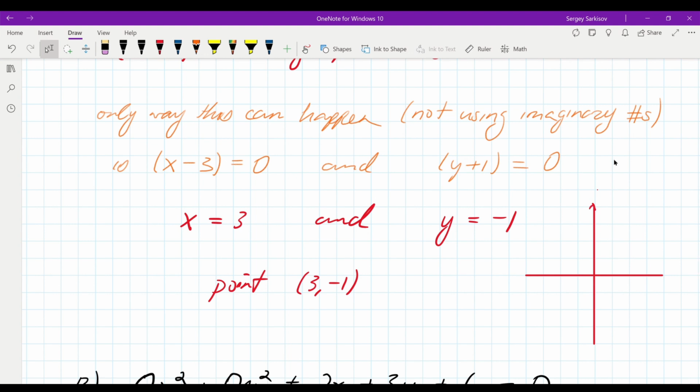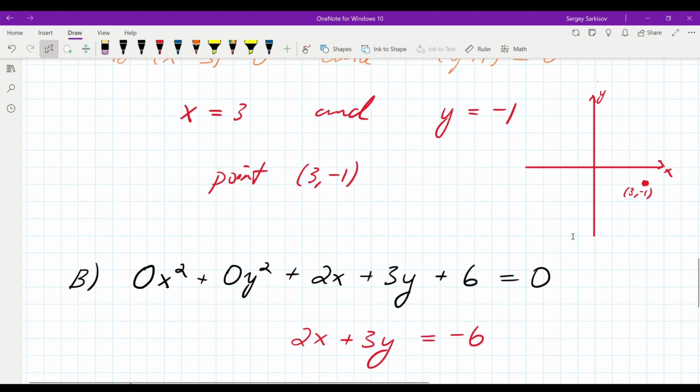This is the y-axis here, x-axis here. You go 1, 2, 3 to the right, and then −1, so 1 down. So that's our point. (3, −1). Let me make it neater. That's something you could actually graph also.